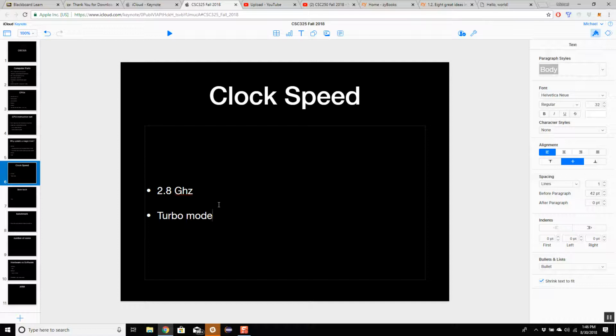So we use the heavy duty ones when something needs to get done and it's worth it at the cost of battery life, and then use the other ones the rest of the time when you're checking your email or something like that, where this isn't a massive computational problem. Your bottleneck in those situations is probably your internet connection. How long does it take to download the attachments? That kind of stuff. All right, so those are the things that play into clock speed.